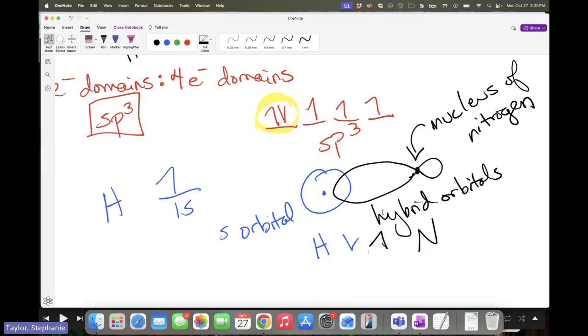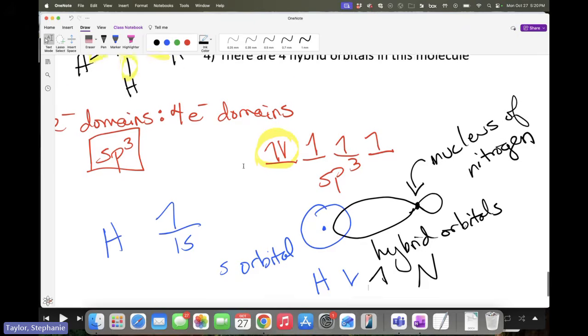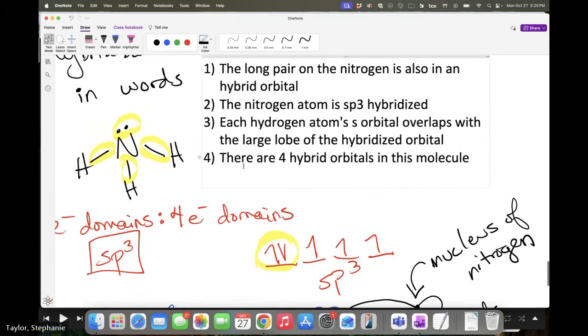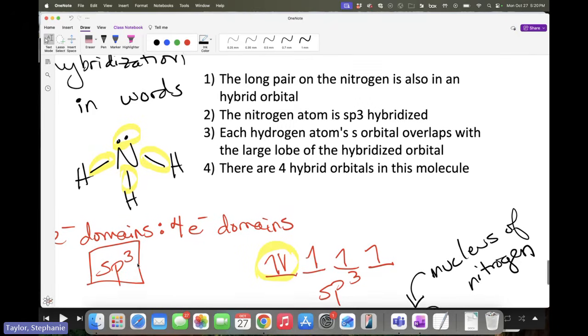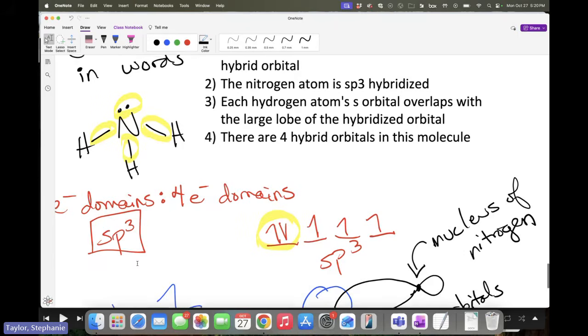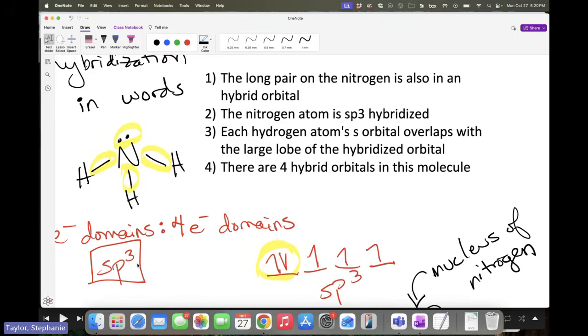So that lobe should be larger towards the hydrogen. There are 4 hybrid orbitals in this molecule. That goes back to what we were saying before: sp3 hybridization does give you 4 hybrid orbitals, and it also goes to the fact that your hydrogens are not hybridized.